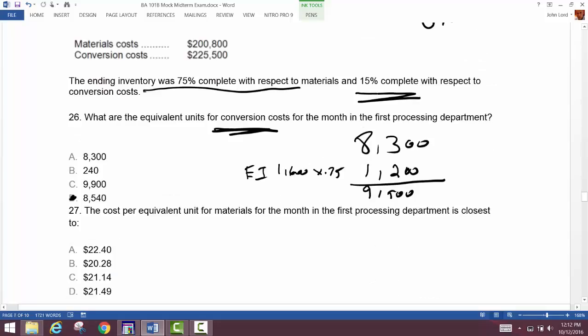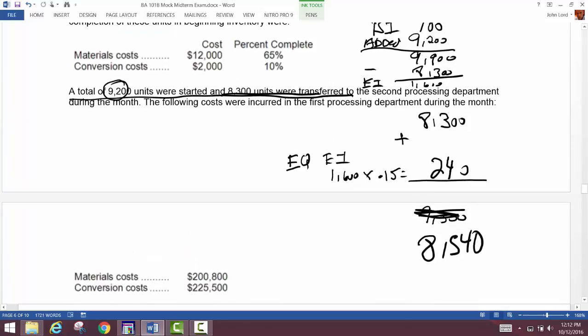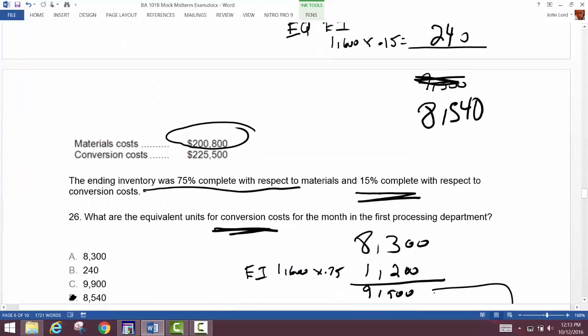That's step one, now that I have the equivalent units, 9,500. And then I always pick up all the costs, don't I? Those in beginning inventory and those that I added for the period. Beginning inventory was 12,000. They added for the period 200,800. So 200,800 plus 12,000 gives me 212,800.